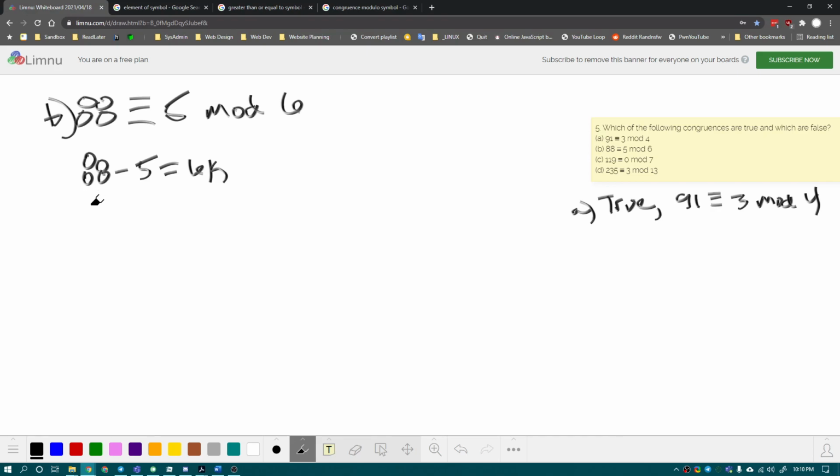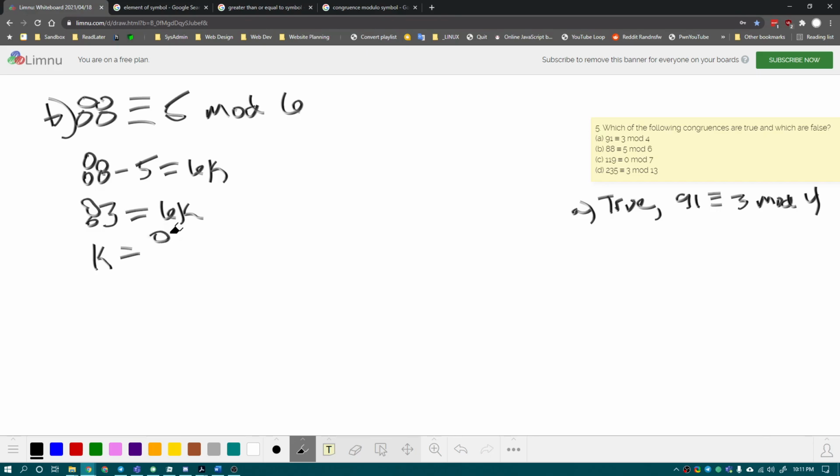And then that would be 83 equals 6k. You can do this on your calculator, but this is not an integer, and it does not reduce. You can sort of know that in your head. 6 goes into 8 once with 2 left over. 6 does not go into 23.